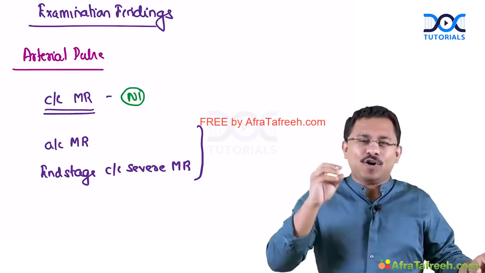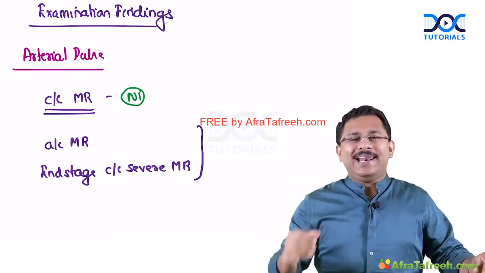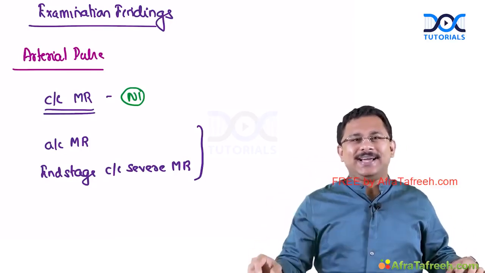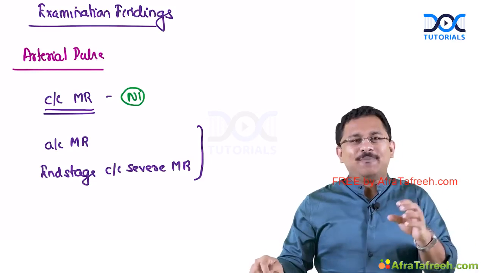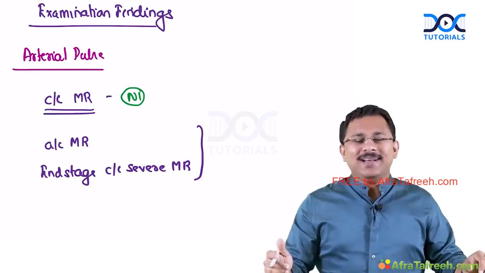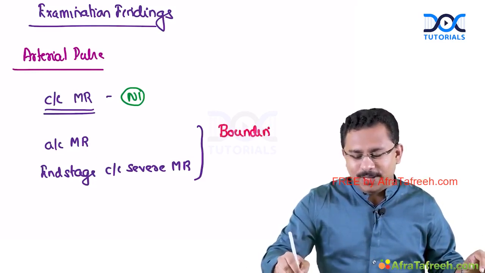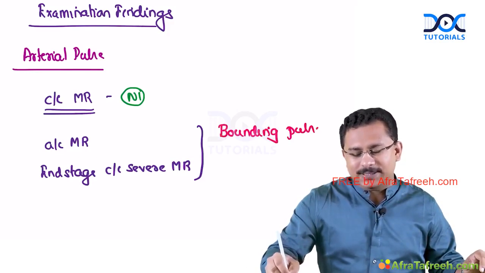The effective stroke volume is less, along with a decrease in the ejection time. So the arterial pulse will fall off rapidly, giving the impression of a bounding pulse.